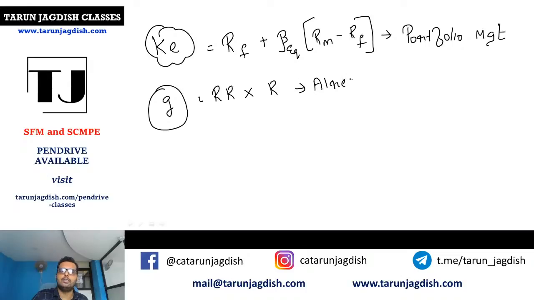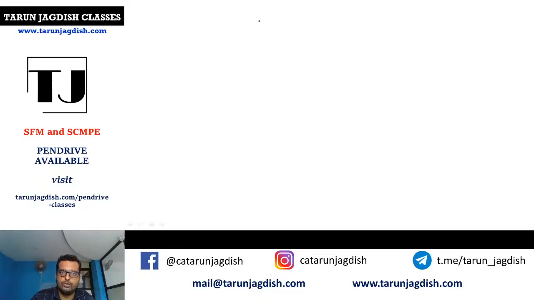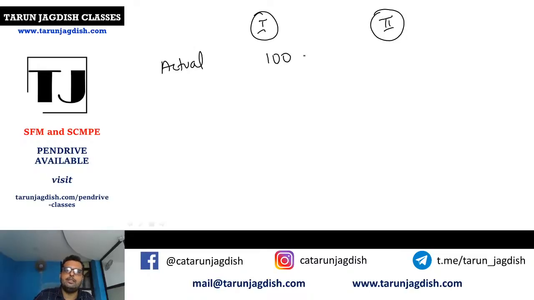We already discussed this. So after I do all these things, I can find out P0 is equal to how much it should be. I'm stressing on the word how much it should be, not what it actually is. So let us say, I'll give you two situations. Situation 1, situation 2. Let us say the actual price is 100, but the theoretical price that it should be is only 90.